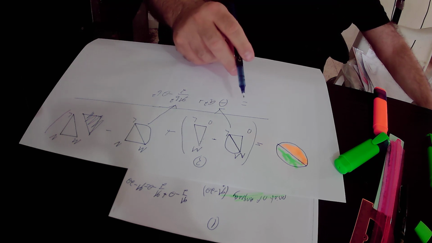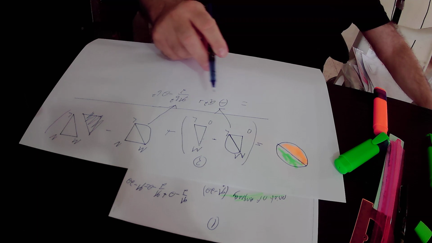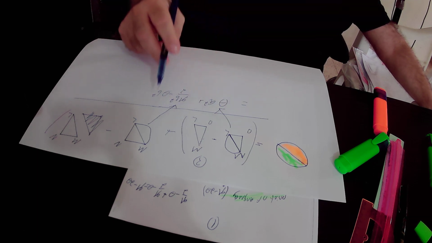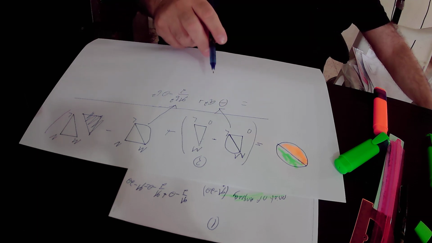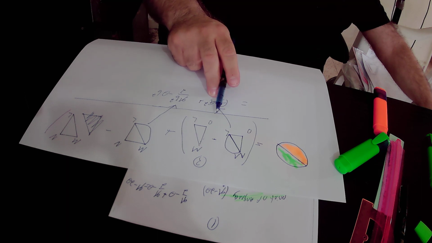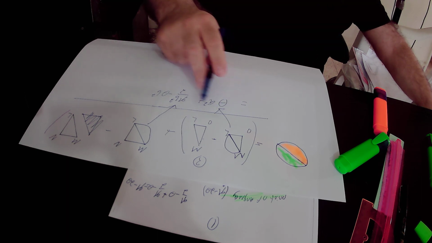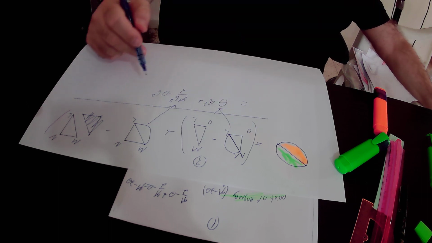So this is the sum of the areas of the two sectors, and we have to subtract the sum of the areas of the two triangles.